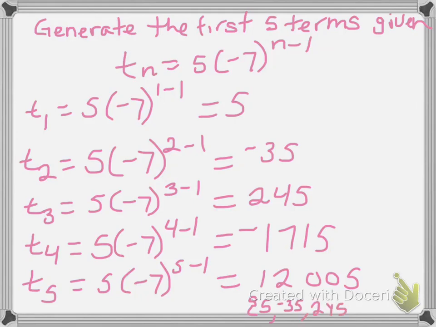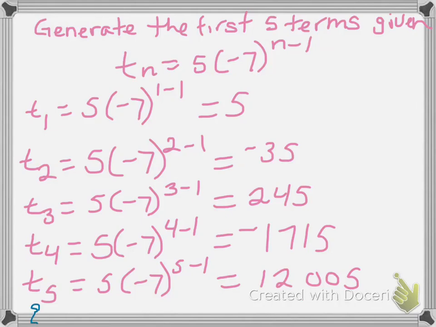That's a horrible 4. It looks more like a Y. Negative 1715, and I still can't do it because I just don't have enough room. Can't go any further over because then it pulls up weird things. So I'm going to write in a different color. And I'm going to write it over here.